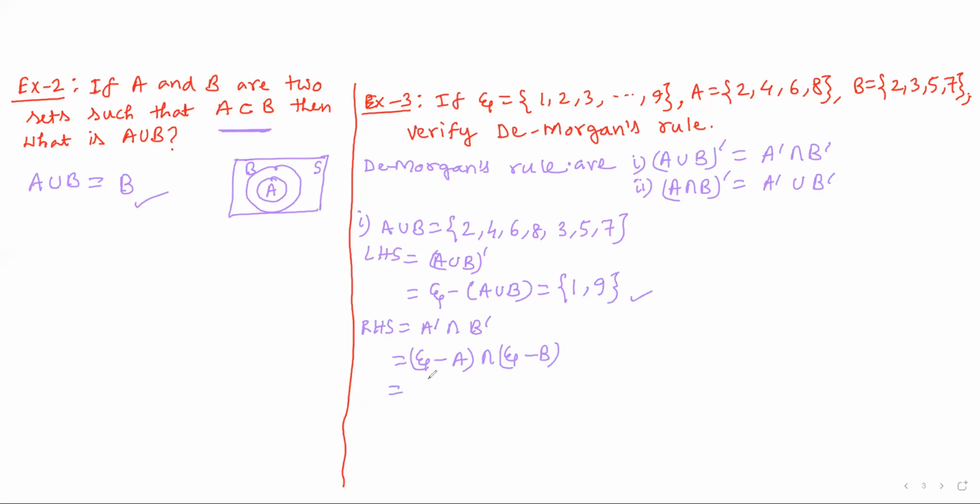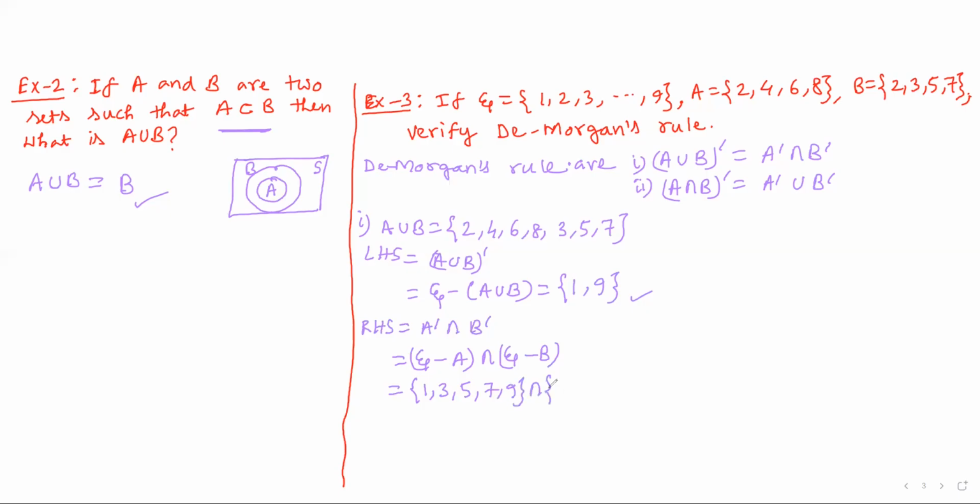Now from the universal set, if you remove the A set part, then what are the remaining parts? 2 will be removed, 1 is remaining, 3 is remaining, 4 will be removed, 5 is remaining, 6 will be removed, 7 is remaining, 8 will be removed, 9 is remaining.